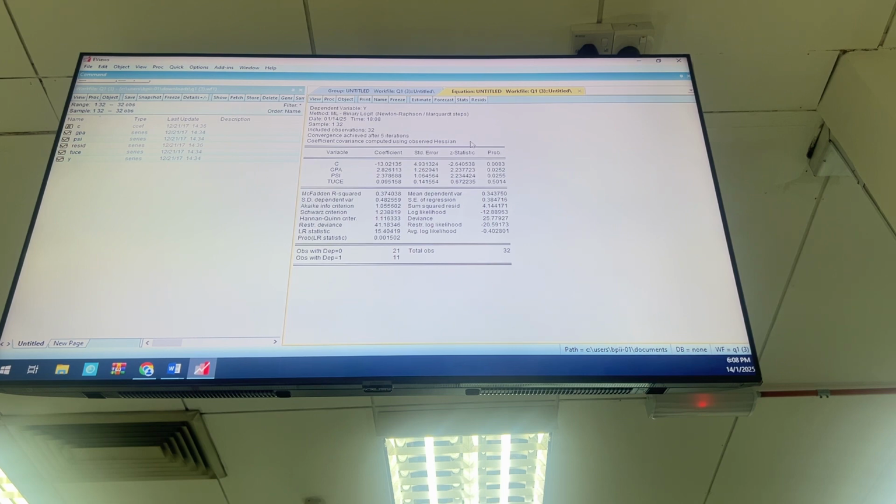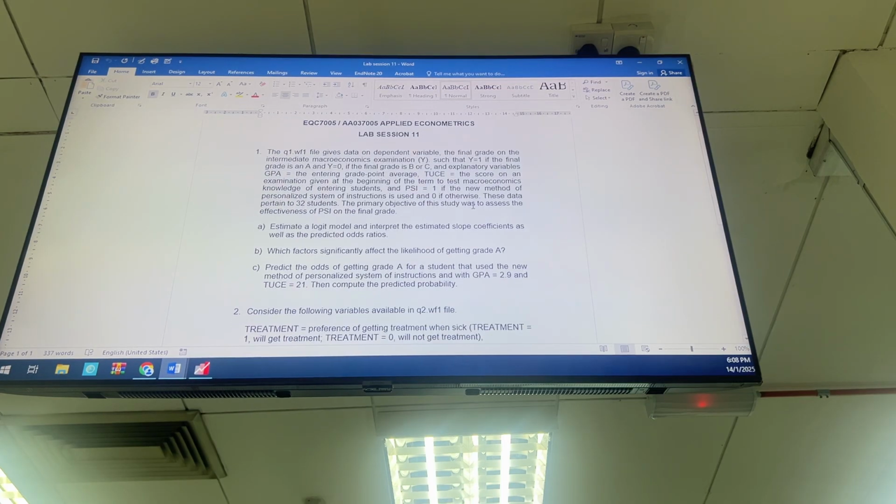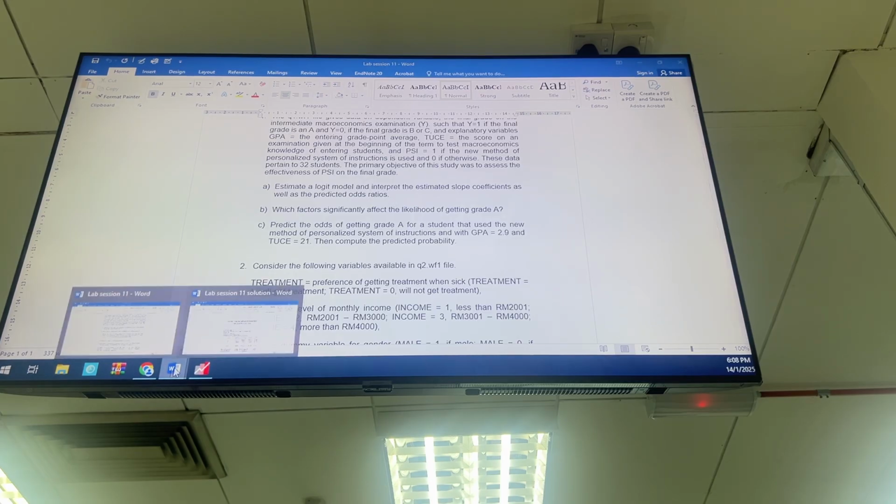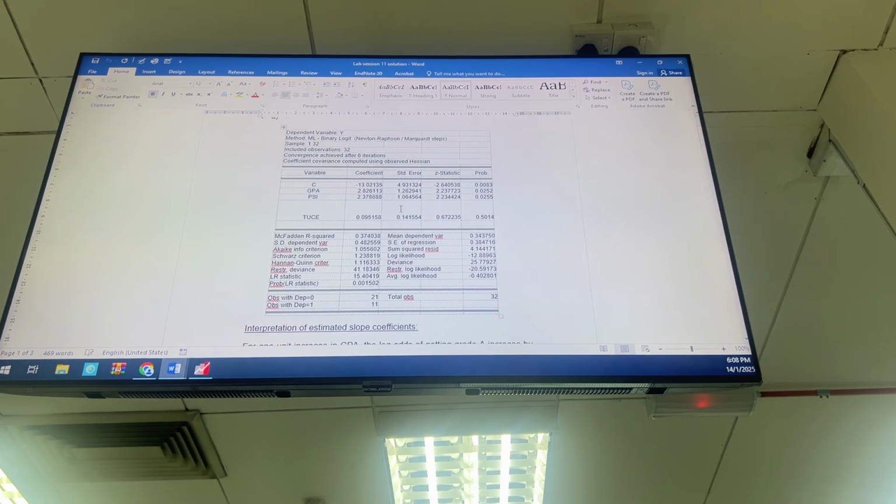as usual. But remember our dependent variable here, for the model, is the log odds. So interpret the estimated coefficients as well as the predicted odds ratio. The output gives us log odds.